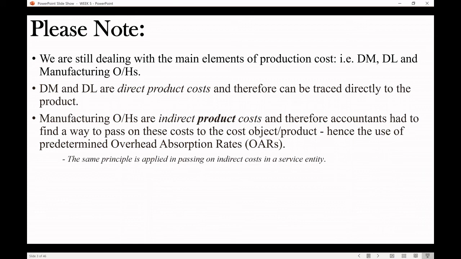The point to note is that your actual overheads are not known until the end of production, right? And because of this, we have something that we're going to be looking at with our OARs that we call allocated or budgeted overheads, right? Because we make this budgeted overhead at the onset of the production process, at the end of it, when we actually have our actual overheads, we can make a comparison between the two.